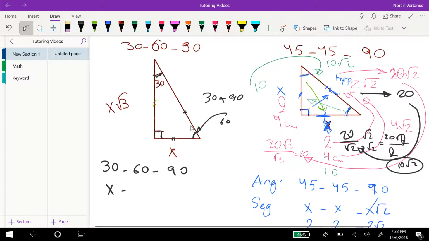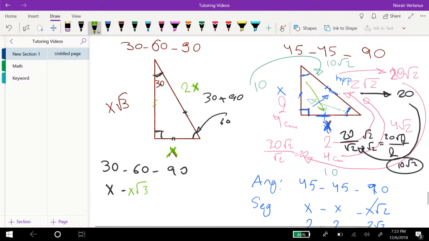And the one opposite to 90 degrees, which is the biggest one, is twice as much as x. So if the smallest one is x, that's going to be 2x.